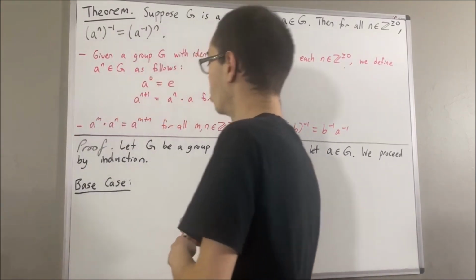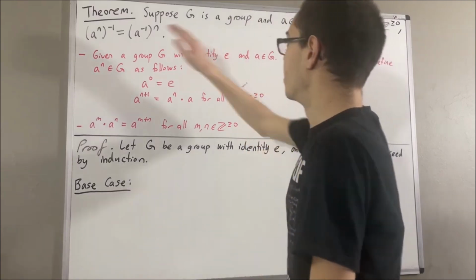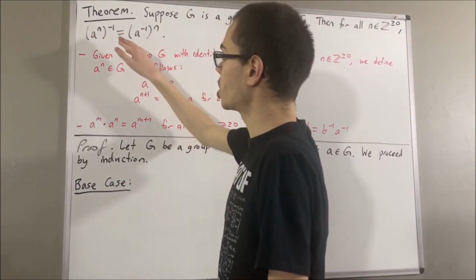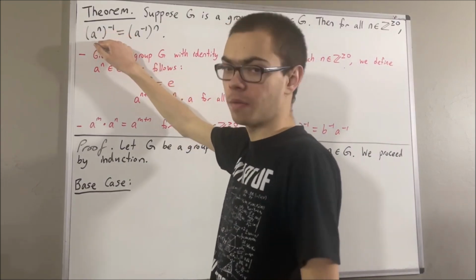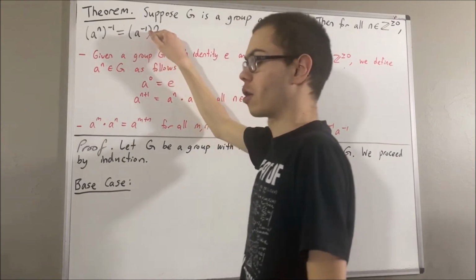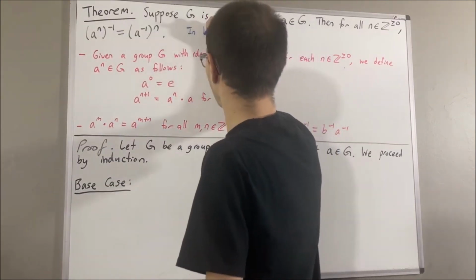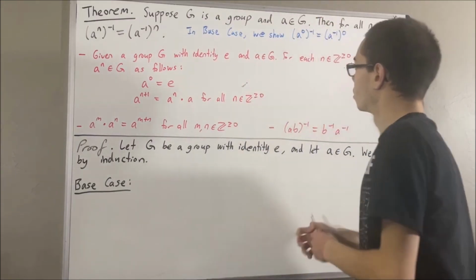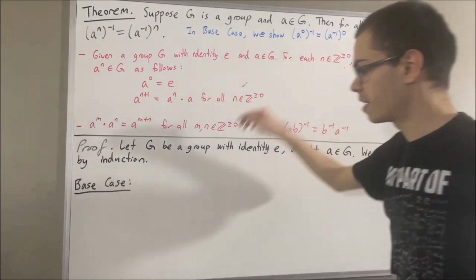In the base case, we're trying to show that this is true in the case where n is equal to 0. In other words, we want to show that the inverse of the element A to the 0 is equal to the inverse of A raised to the power of 0. So let's start out by writing the left-hand side.